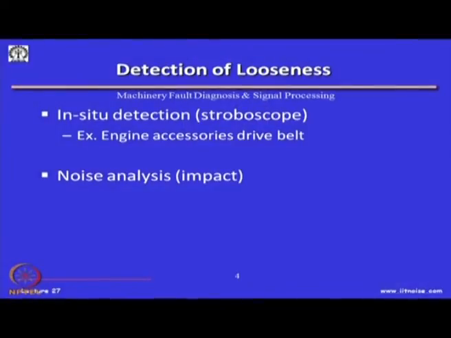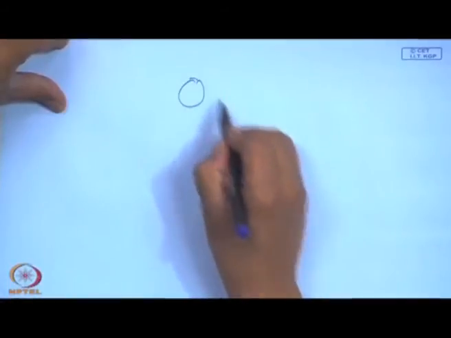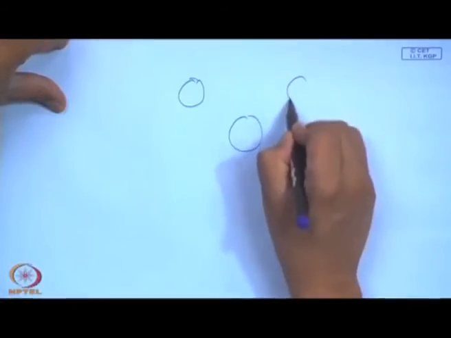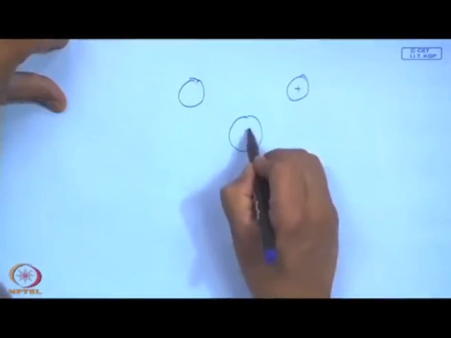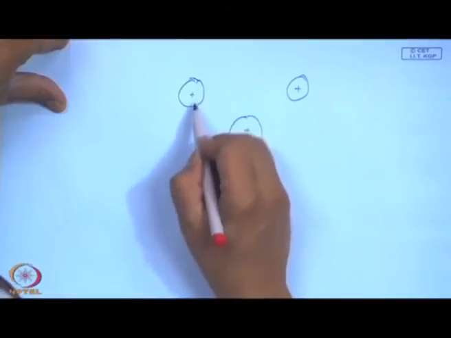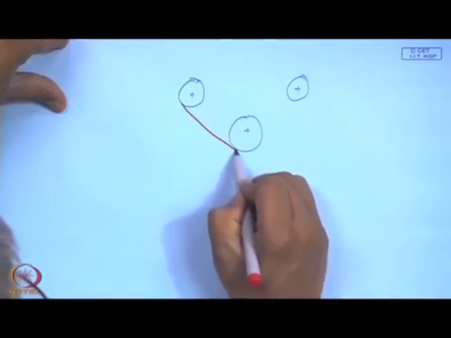Now, because this looseness and rubs are interrelated, how do you detect this looseness? Many times in many systems what happens, there are a series of belts, and then there will be a series of pulleys, and there will be belts going all over the system.